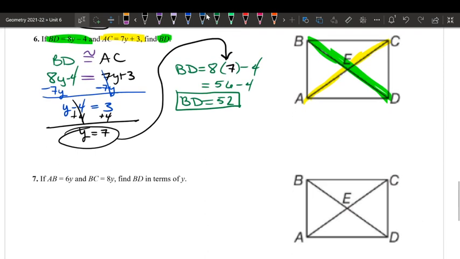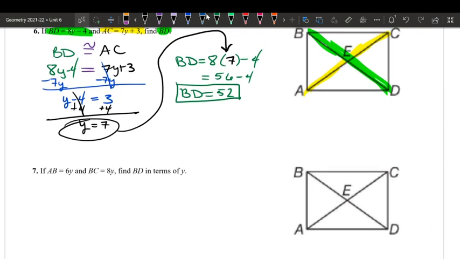All right, this last one is a little tricky. I'm going to start by just labeling the picture. If AB equals 6y, so here is AB, and that is 6y.